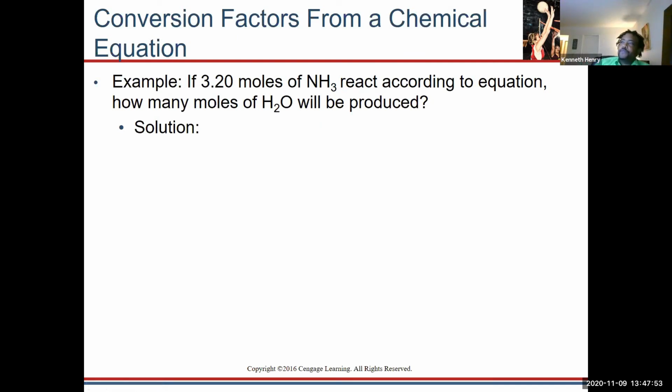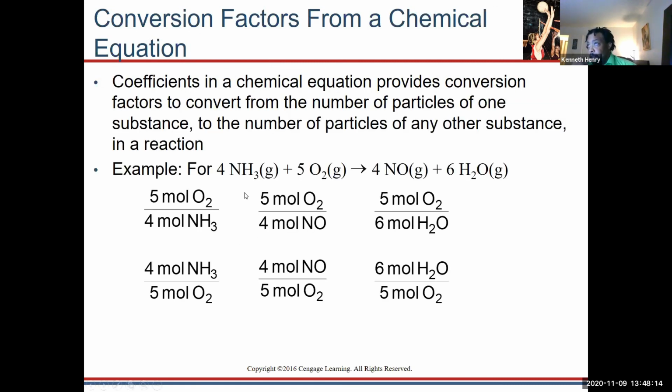Okay. So, for example, using that same equation that we just had, I'll have to put it up again. If 3.5 moles of ammonia reacts, according to the equation, how many moles of water will be produced? So, go back to that equation.